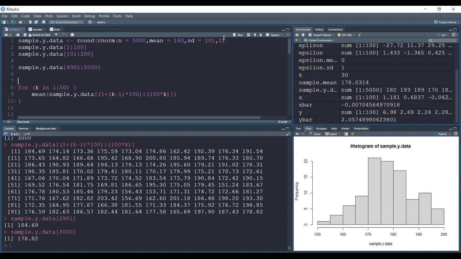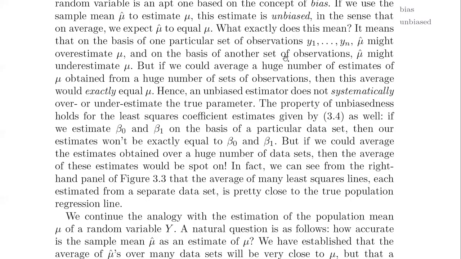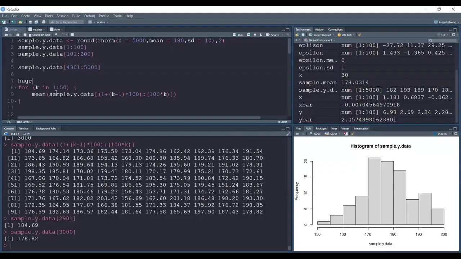Let's use the book's terminology: a huge number of estimates of mu.